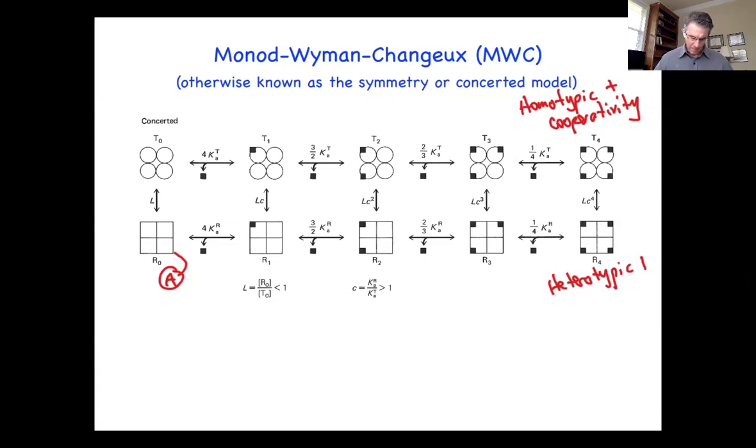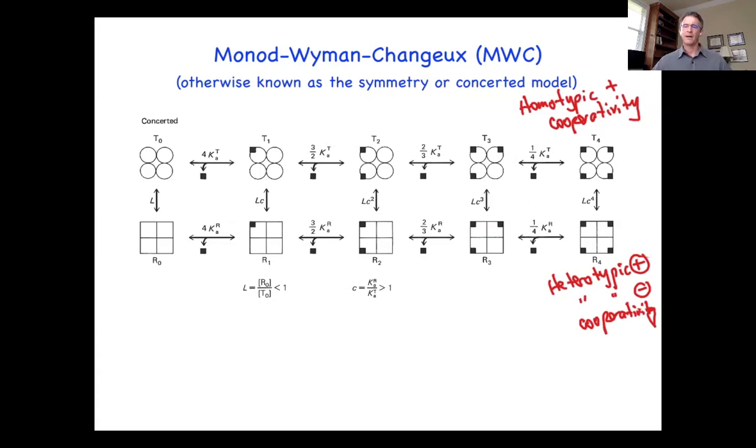Okay. The MWC model also can nicely explain heterotypic negative cooperativity, right? Where in positive cooperativity, as the number of ligands bind, the affinity gets stronger, you can have negative cooperativity. And in heterotypic negative cooperativity, the binding of each ligand would get more difficult, right?